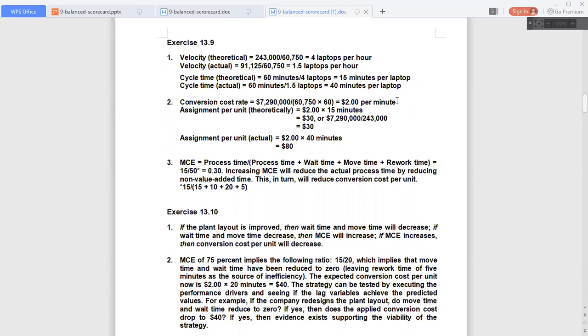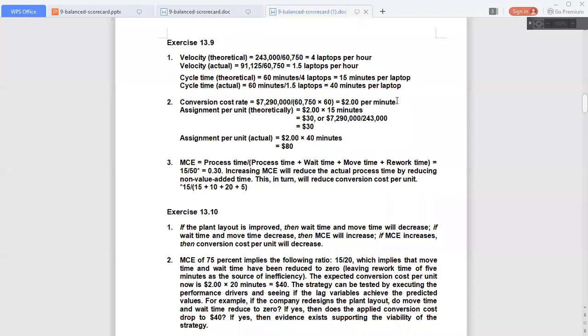Now we go to exercise 10, cycle time and velocity. Refer to exercise 9 above. Assume that the company identifies poor plant layout as the root cause of wait time and move time. Express an improvement strategy as a series of if-then statements that will reduce conversion cost per laptop.